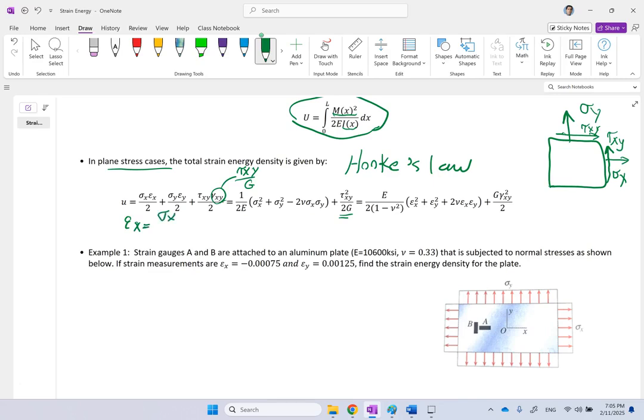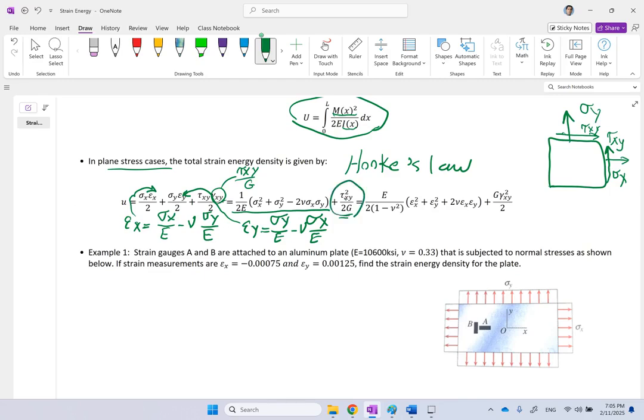Epsilon x was sigma x over E minus nu times sigma y over E, and nu was the Poisson's ratio. And similarly, epsilon y was sigma y over E minus nu sigma x over E. So if you plug these in there, you can write it all based on the stress terms and Poisson ratio, and of course this shear term.